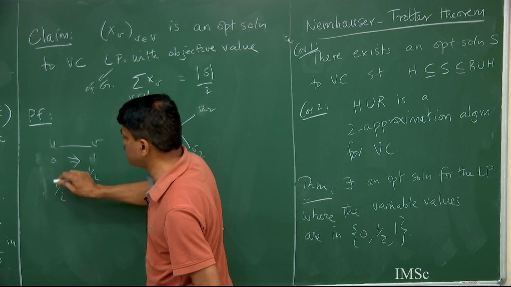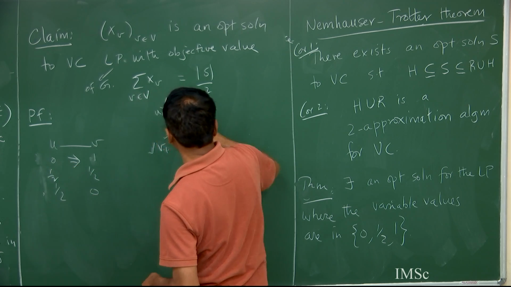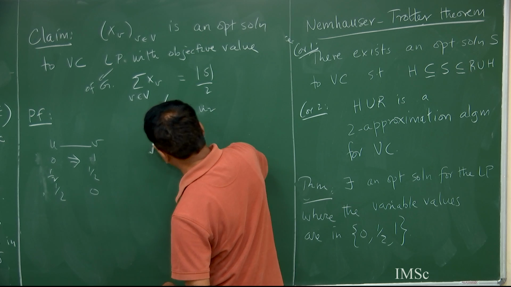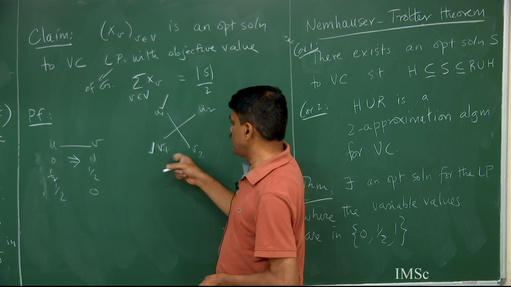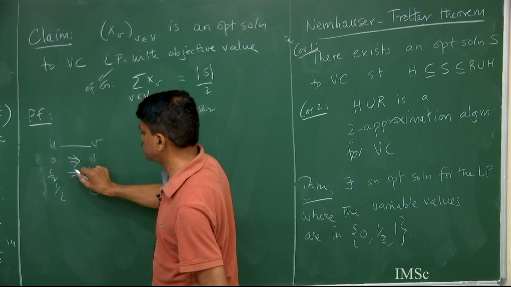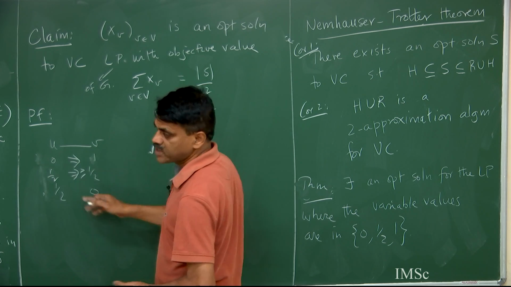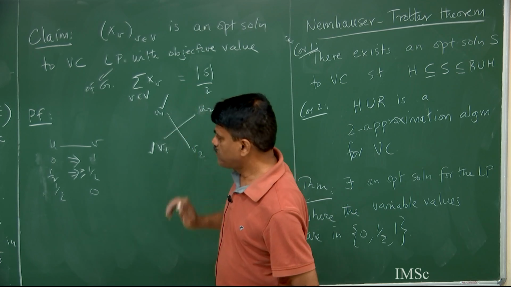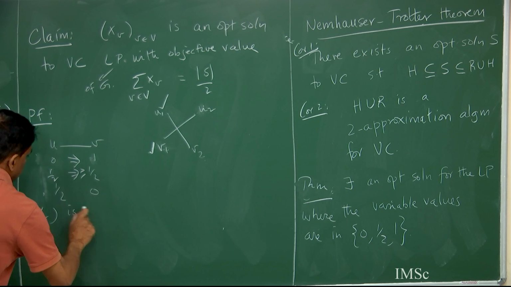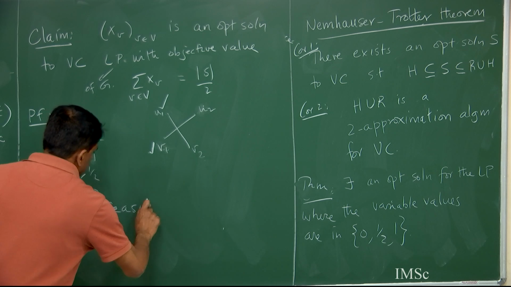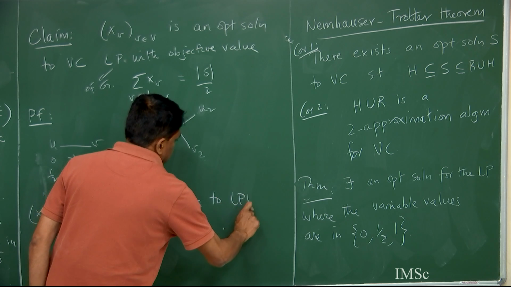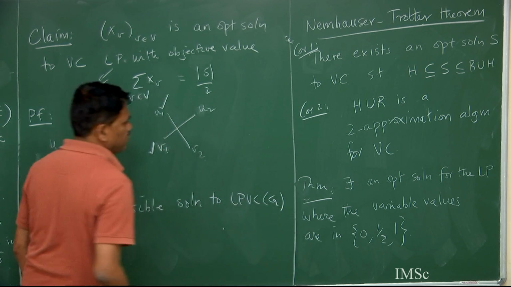And if any one of this is half, that means from U1, U2, let's say I picked only 1, U2 is not picked, that forces V1 to be there. So from this it must be at least half. So the sum will at least be 1. So that means that my xv is a feasible solution to the vertex cover LP of the graph.